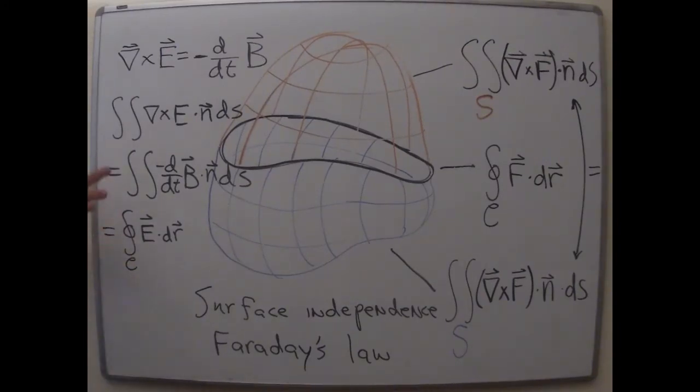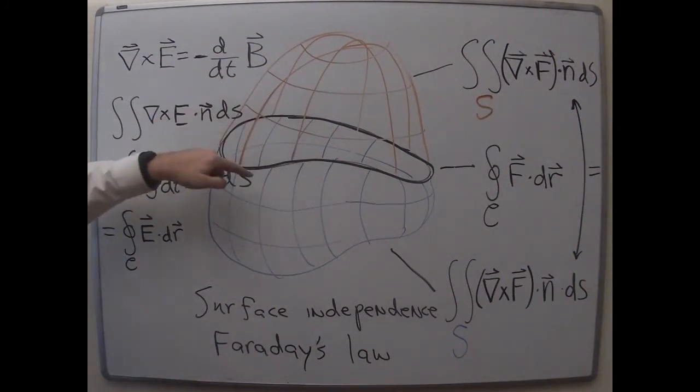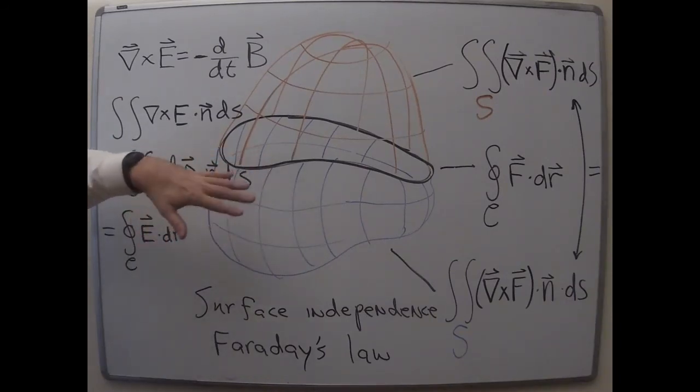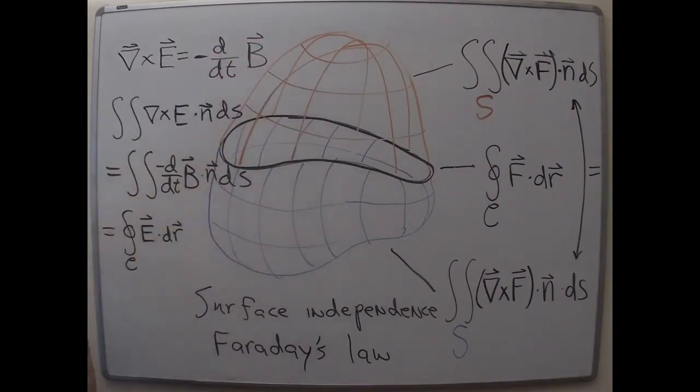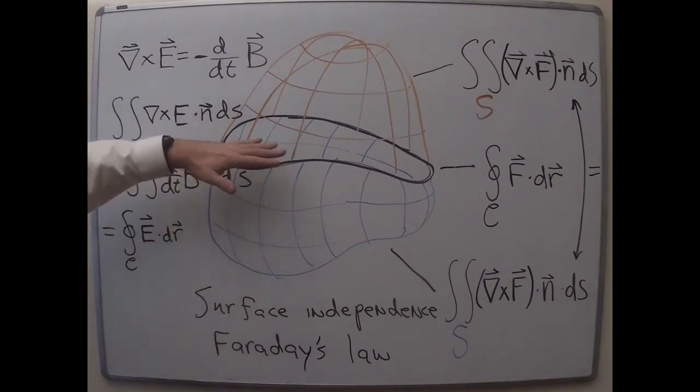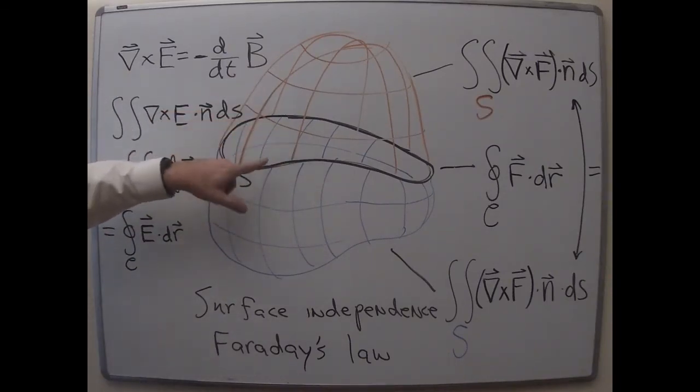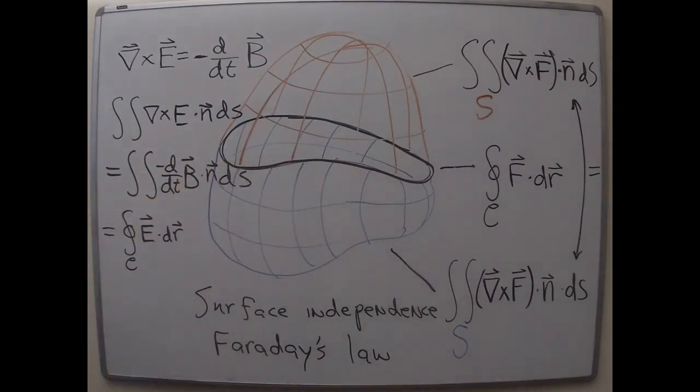Surface independence in this form says that it kind of doesn't matter what shape of wire loop you have. What matters is not how you think about surfaces going in or out around it. So you can get to choose your surfaces in convenient ways, because what really counts is the shape of the curve, the shape of the boundary. That's all that determines the scope of these integrals.